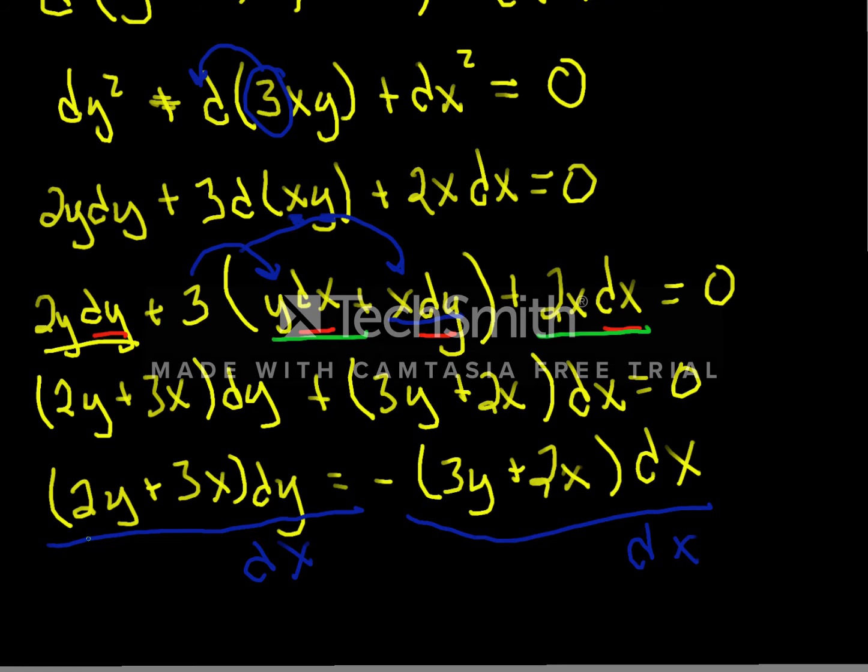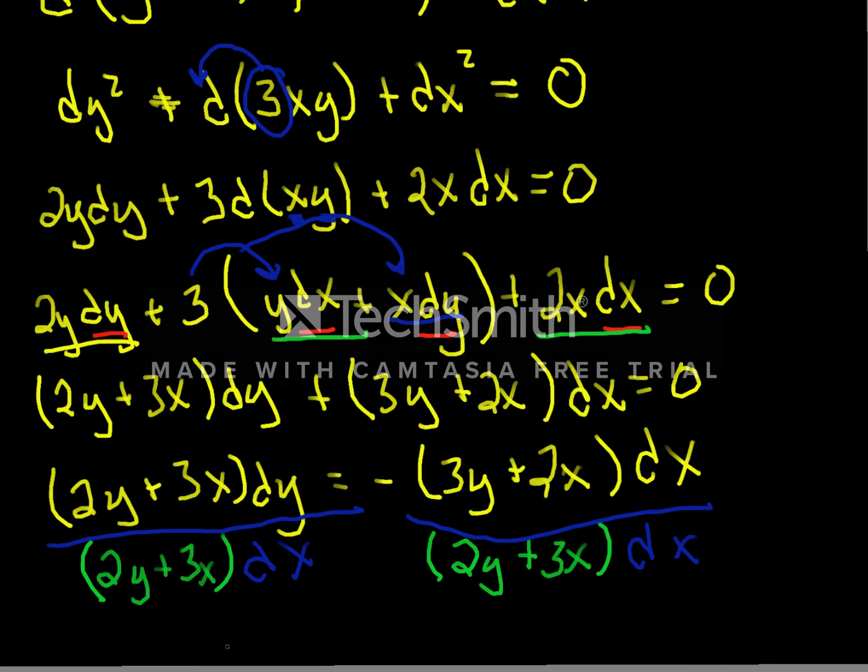I don't want this coefficient over here, so I'll also divide by 2y plus 3x, on both sides so that the equation stays balanced. Whoops, not a 3y, 2y plus 3x.